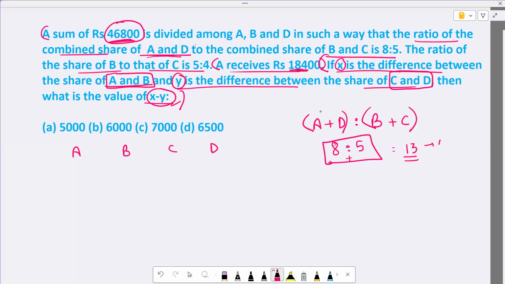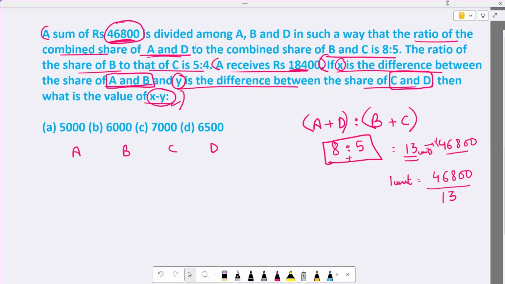So 13 units will be equal to 46,800 rupees. So 13 units is equal to rupees these many. So the value of 1 unit will be equal to how much? 46,800 divided by 13.